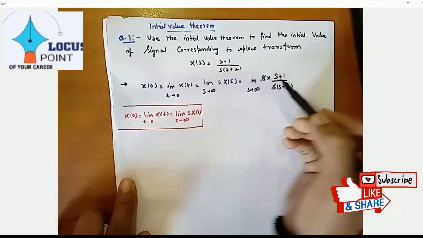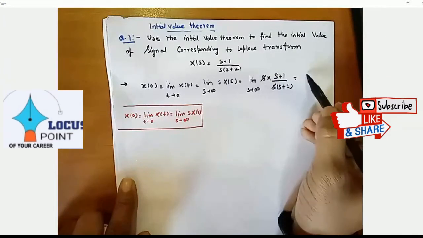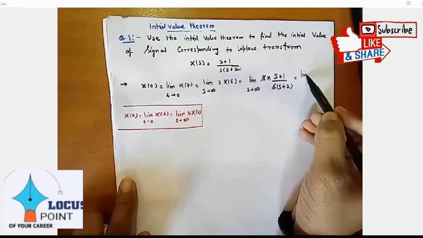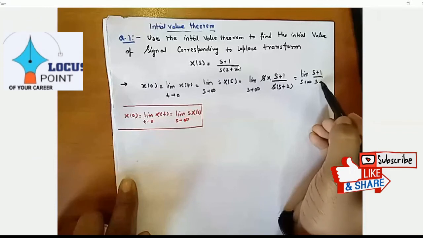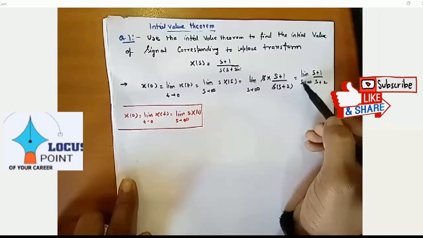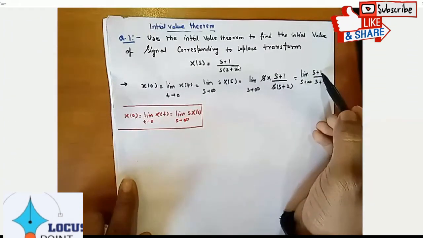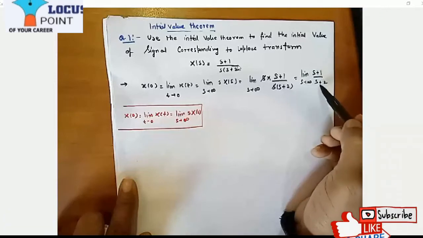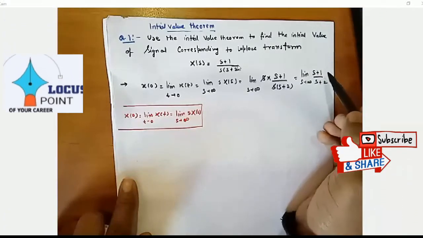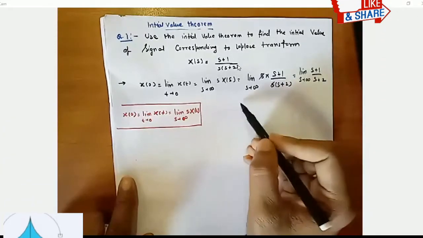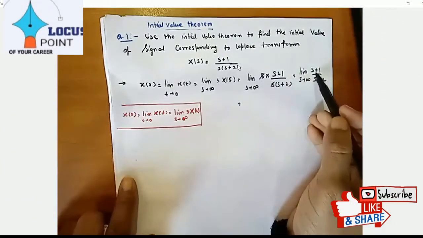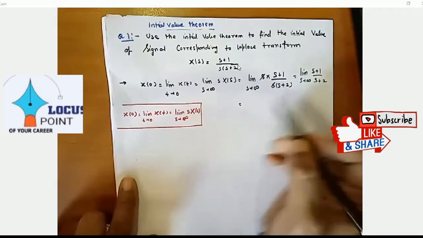S will get cancelled, and this will be limit s tends to infinite of (s plus 1) divided by (s plus 2). Now when I put infinity above, the numerator and denominator will be infinite divided by infinite. So you know the concept of limit. We will divide by s, numerator as well as denominator.